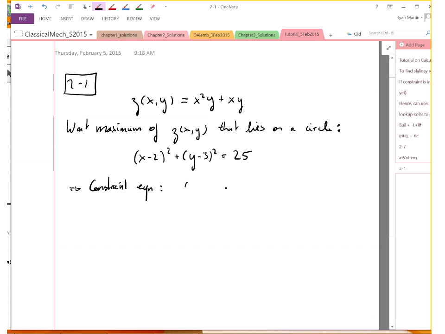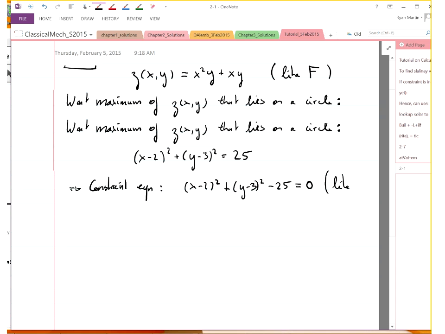So of course that's trivial. We just write it as (x - 2)^2 + (y - 3)^2 - 25 = 0. Alright, so this is the top one, the z is like capital F, and this one is like lowercase f.